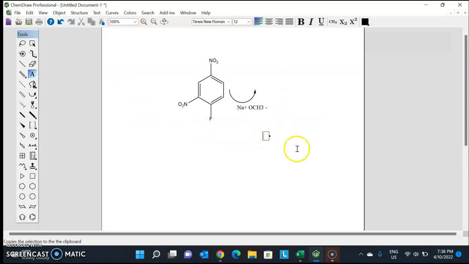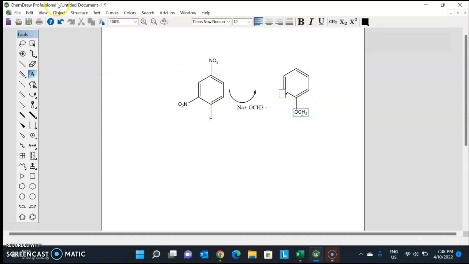So, like I said, under normal circumstances, without these electron withdrawing groups, this would not be reactive. But since we have them, and you can even add heat to make this reaction proceed even faster, we would have substitution at this position where the fluorine was, and we will have the addition of OCH3.